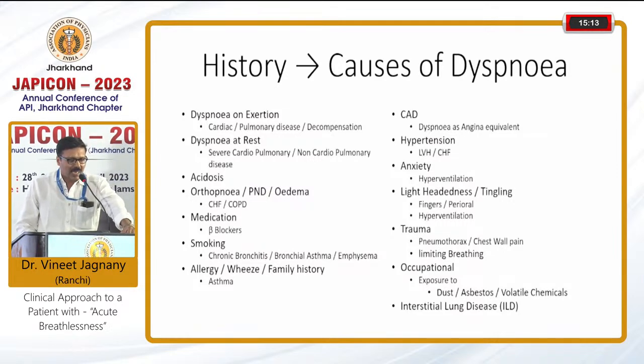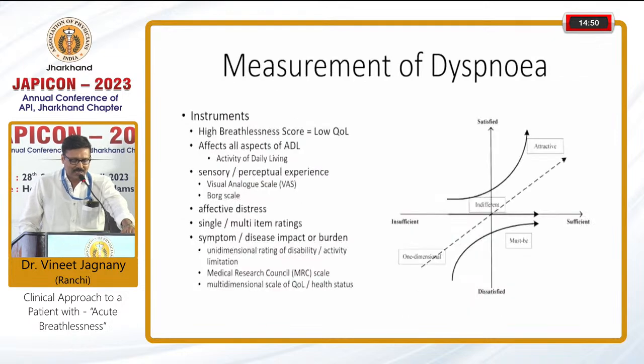In CAD, dyspnea should be considered as angina equivalent, hypertension leading to congestive heart failure, and left ventricular hypertrophy also leads to dyspnea. In anxiety, there is hyperventilation, which can cause lightheadedness and tingling. Trauma also leads to limited breathing and hence dyspnea. Exposure to dust, asbestos, etc. leads to interstitial lung disease.